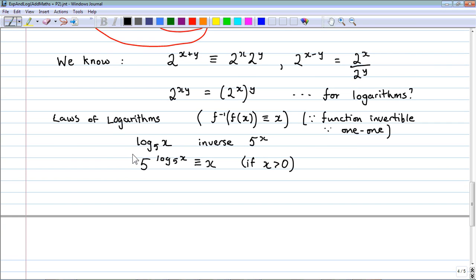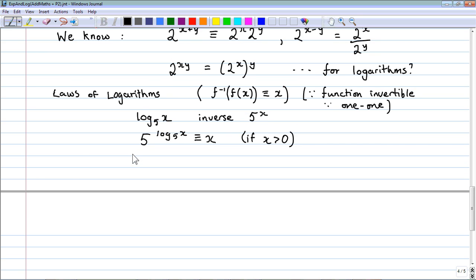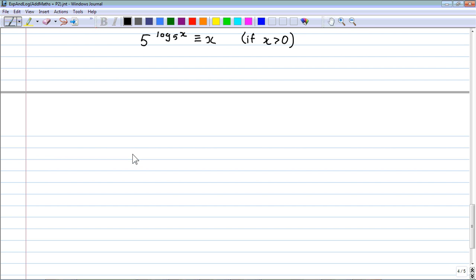So let's start with the addition law. I think it's called that, but who cares what they're called? We just need to know what they are, right? Let's write, for example, log base 5 of a plus log base 5 of b. Now, if we apply the inverse function 5 to the power x, we get the following.